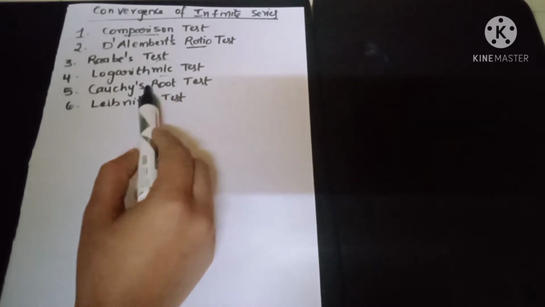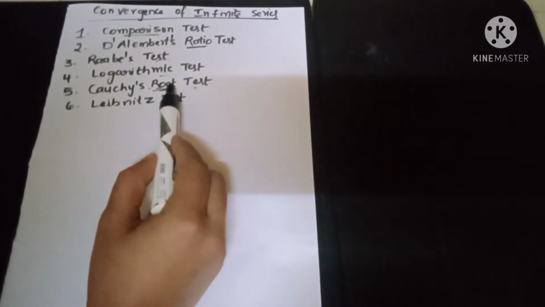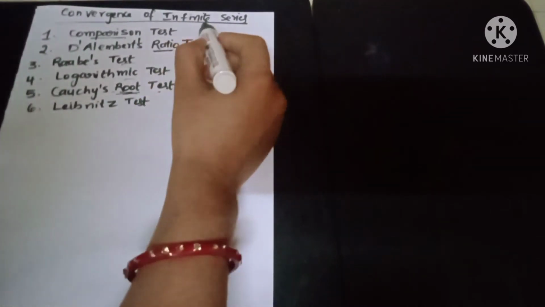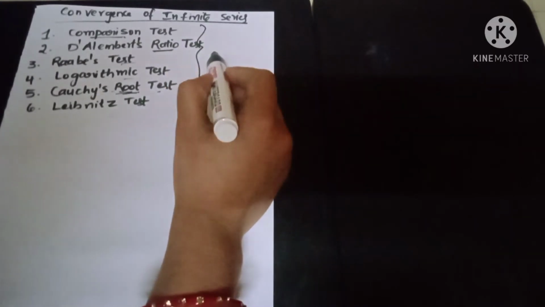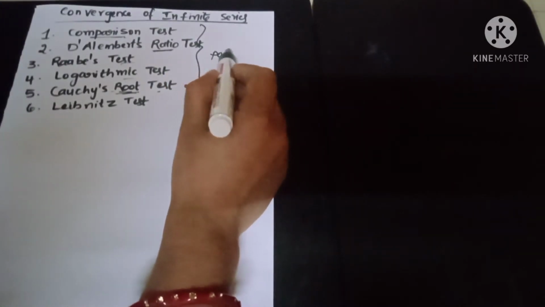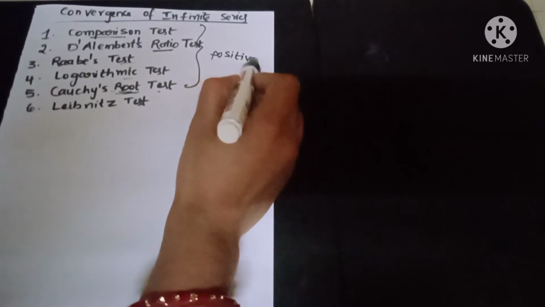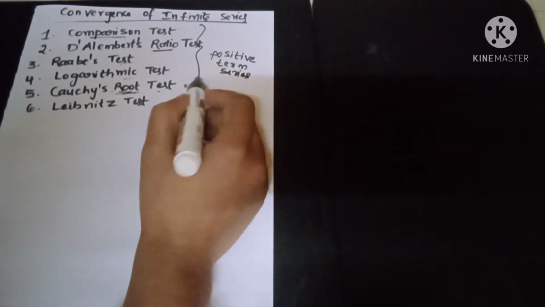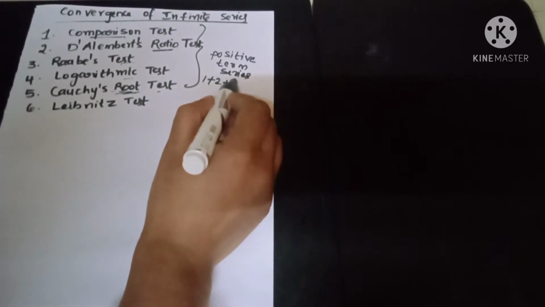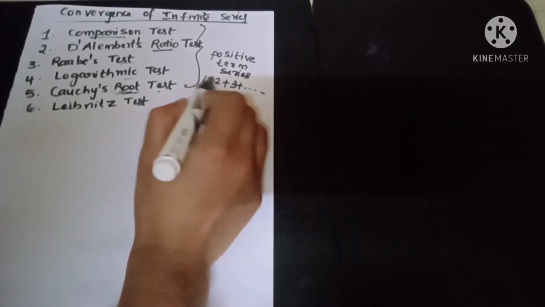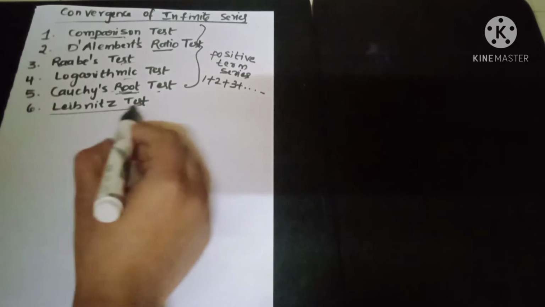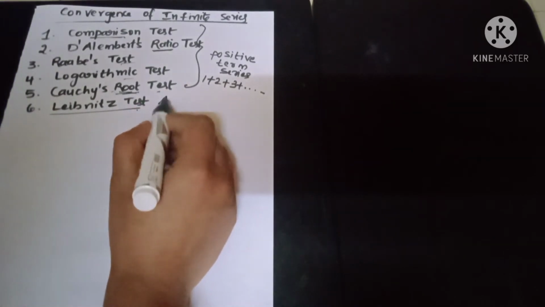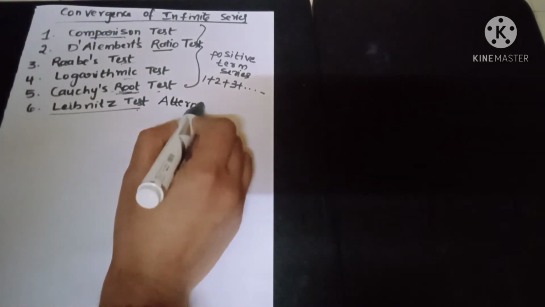Similarly, logarithmic and Cauchy's root test. These five tests are applicable when the series is a positive term series, that is, the series where the terms are positive numbers, and this Leibniz test is applicable for alternating series.